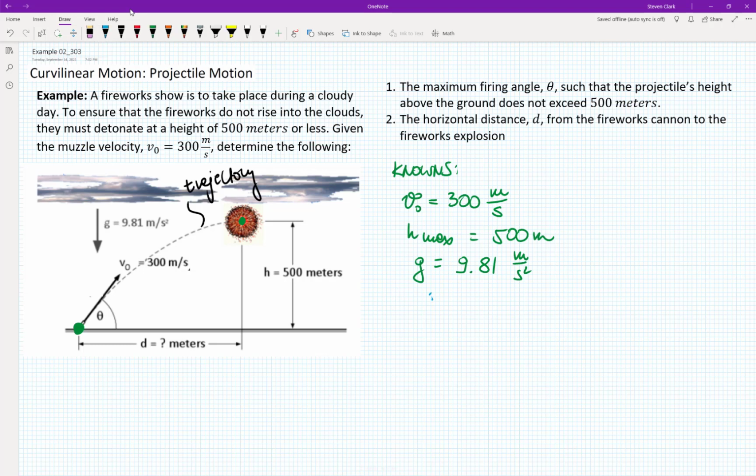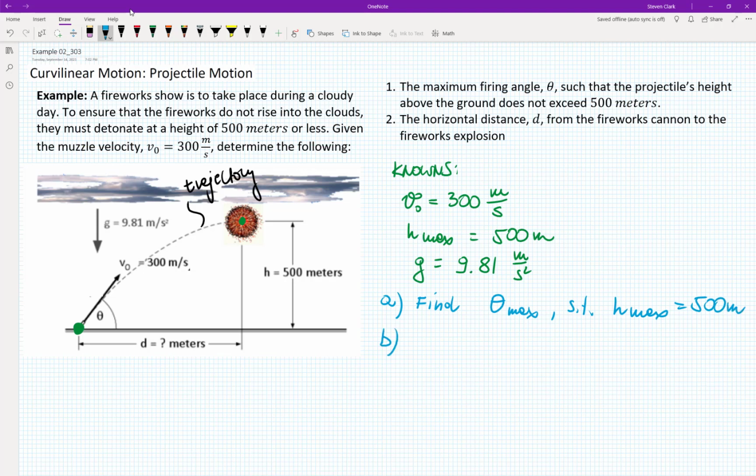In part A, actually, they ask us to find theta max such that H max is exactly as above.